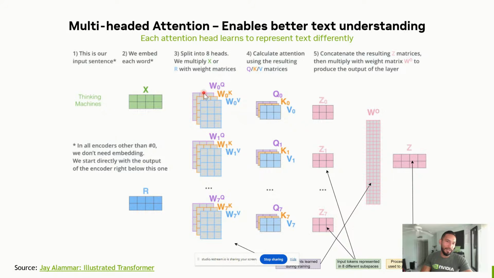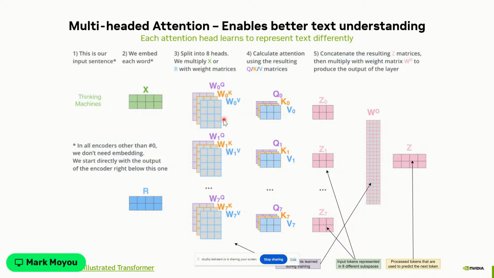In this case, I have 8 attention heads, so I have 8 groups of these model weights that I'm going to use. When I do this matrix multiplication, that's a projection, and these are the interpretation of the language model. How does the language model see my tokens that are coming in?